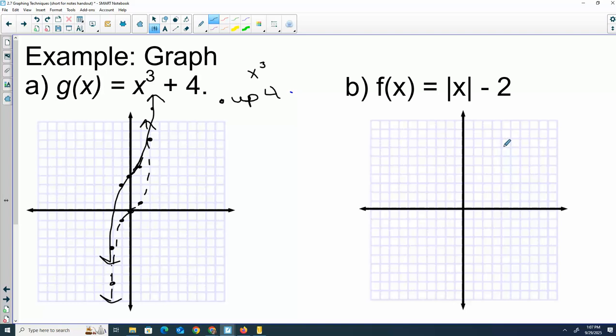Last one for today. Absolute value, what's that look like? V. Absolute value of 0 is 0. 1, 1, 2, 2. Negative 1, 1, negative 2, 2. What will that minus 2 do to my graph?